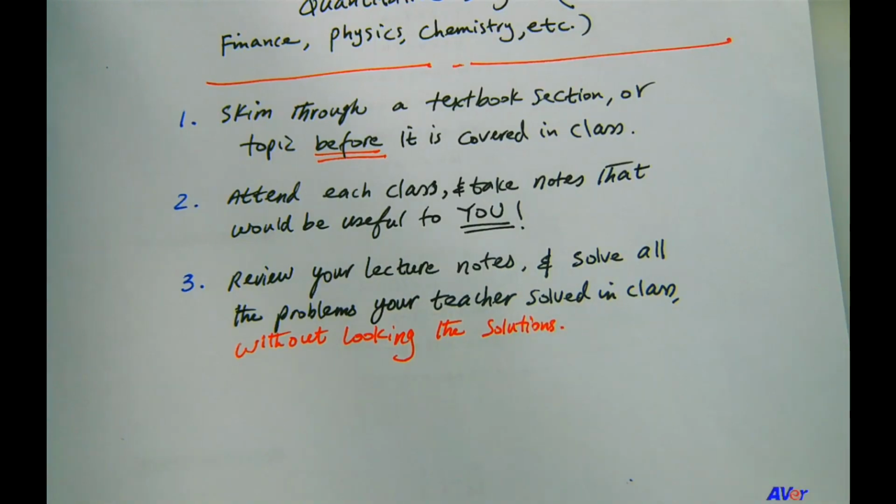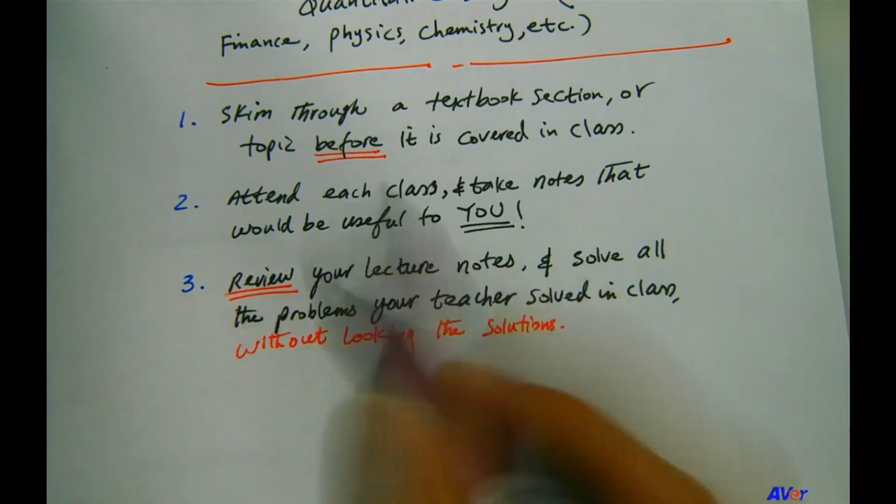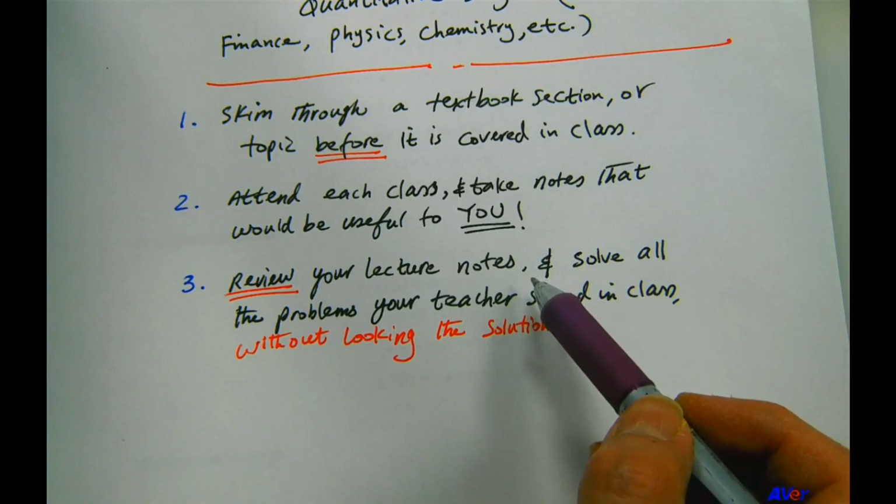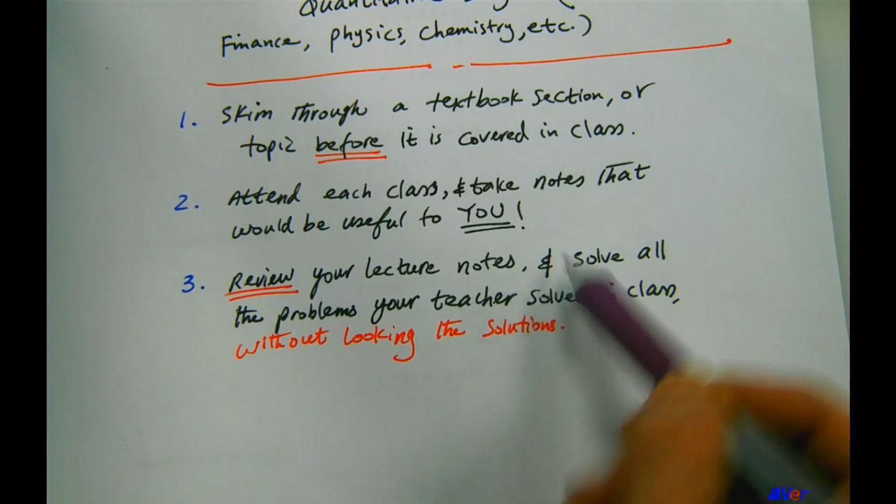When you take notes, you don't want to archive these notes. Just by taking notes, it doesn't mean that you automatically absorb the content. So how do you make sure that you understand those notes? You review them, but this time, as you go through each of the examples that your teachers solve for you in class, without looking at the solutions.